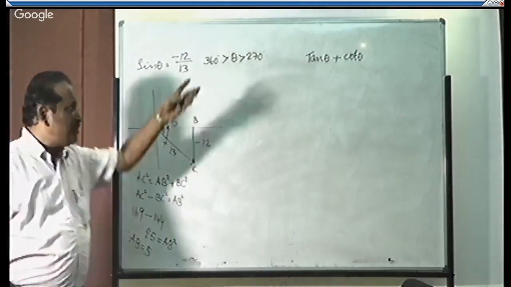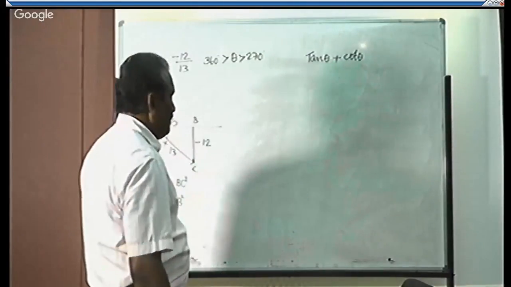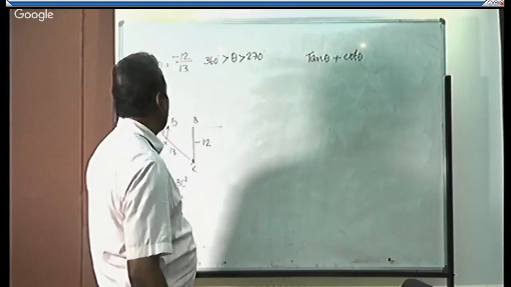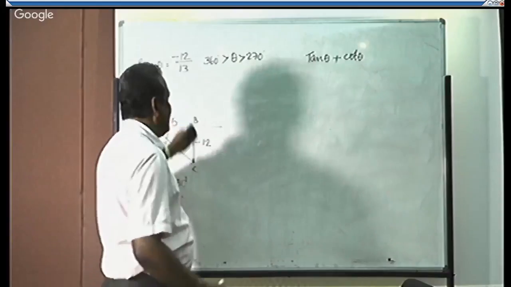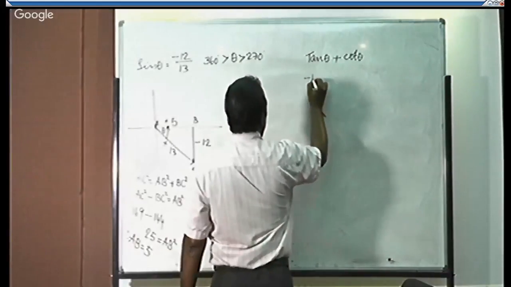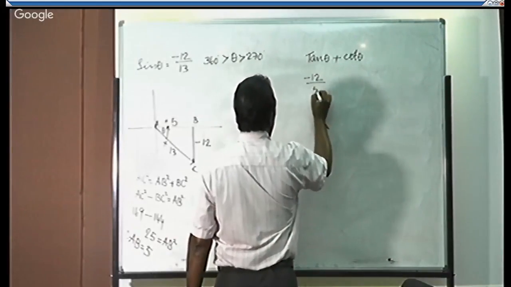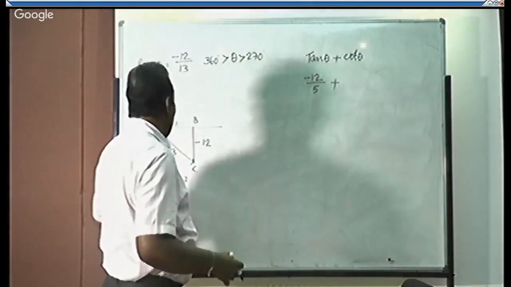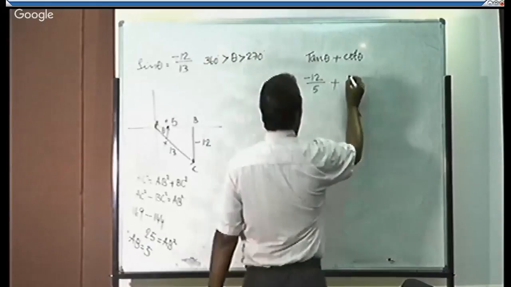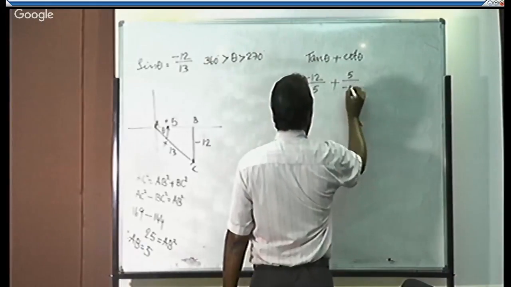Now, the required question is very simple. What is the value of tan theta plus cot theta? What is tan theta with respect to this figure? Opposite to adjacent. It is minus 12 divided by 5. Plus, what is cot theta? Cot theta is adjacent to opposite. It is 5 divided by minus 12.